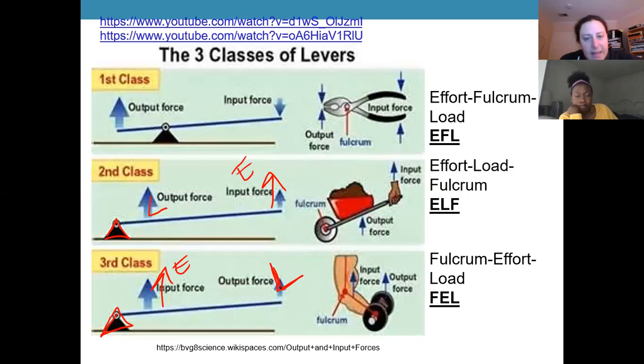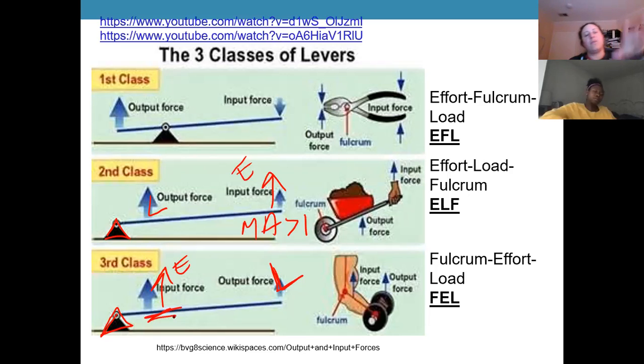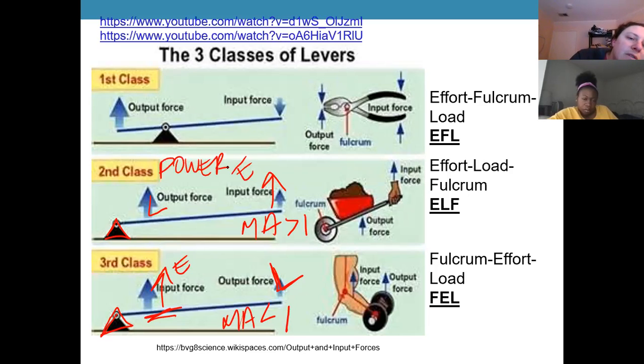So a second class lever is one where the effort is farther away from the fulcrum, and these guys always have mechanical advantage. And then a third class lever is one where the effort is always closer to the fulcrum than the load. And these guys always have a mechanical disadvantage. So second class levers are always power levers.